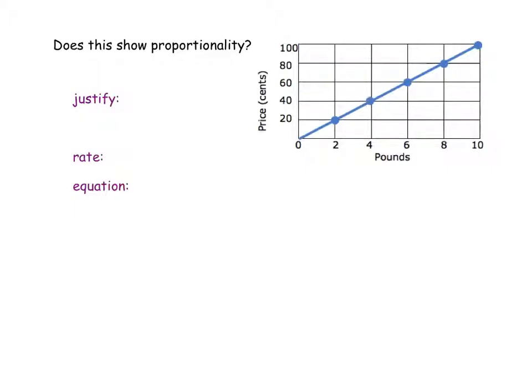Okay, so what I'd like you to do is pause and try to do these next few problems on your own before starting the video again to make sure that you are understanding. So you're going to look at the graph, decide if it shows proportionality, justify why you think it does or doesn't, and then if it does, you're going to name the rate and the equation.